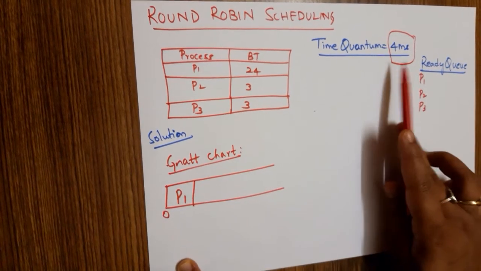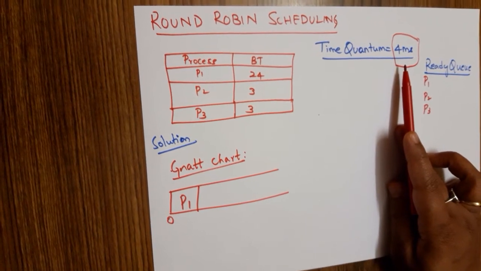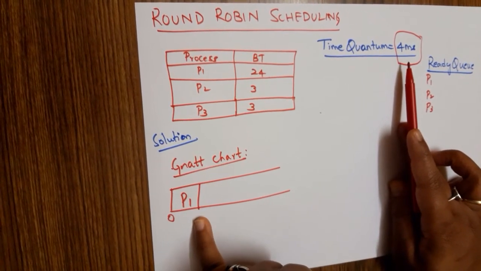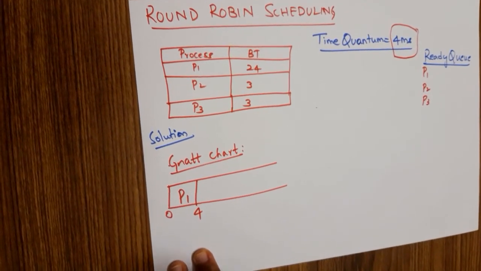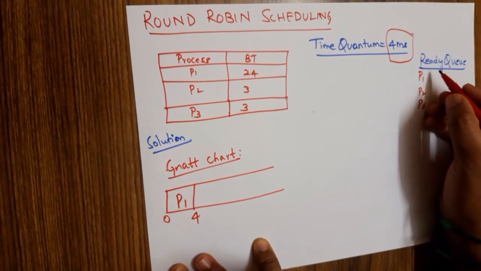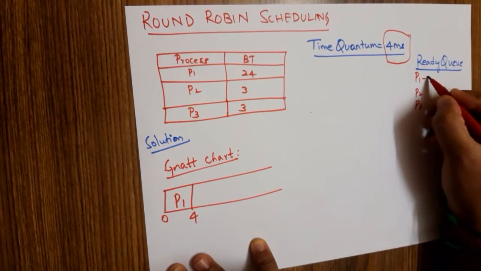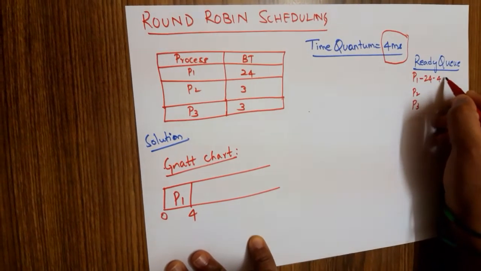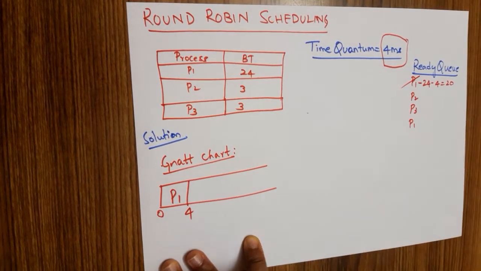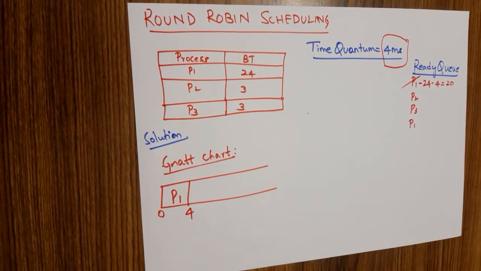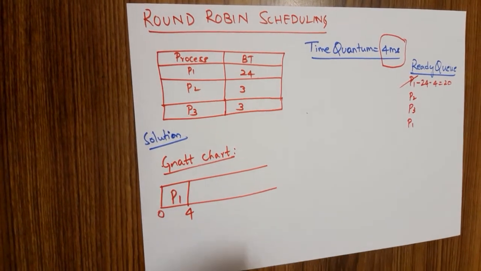Since the time quantum says that each process can execute only for 4 milliseconds, process P1 will also execute only for 4 milliseconds. So for process P1, 24 minus 4 equals 20 milliseconds remaining. So process P1 will again be added inside the ready queue, because it has not completed its execution.